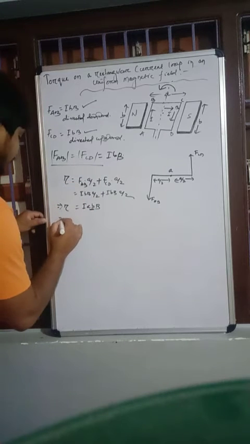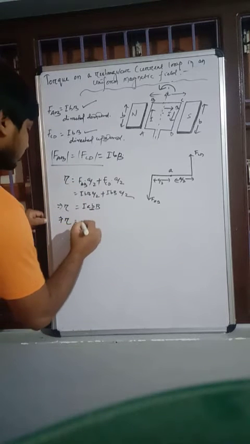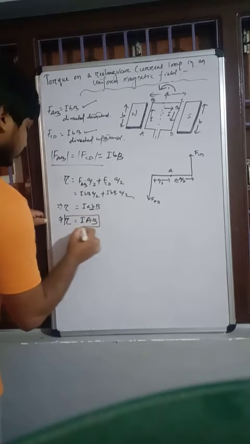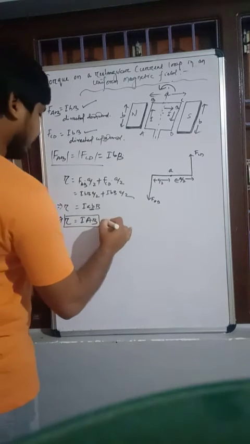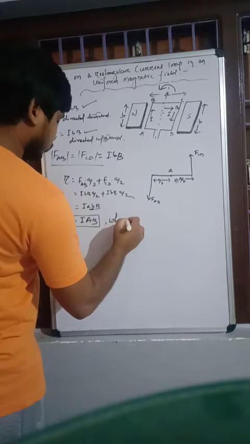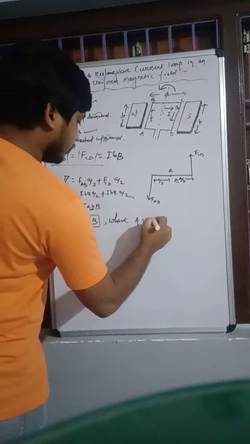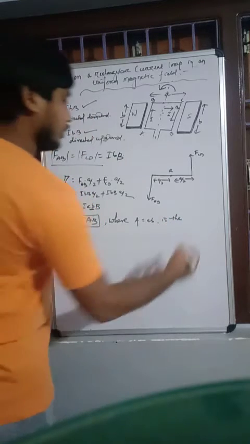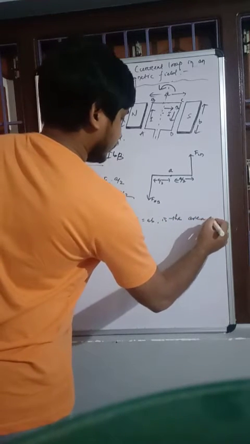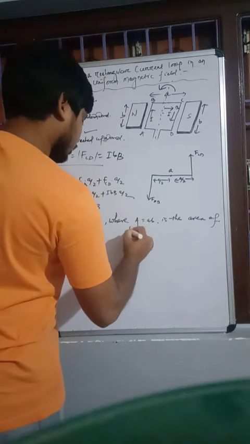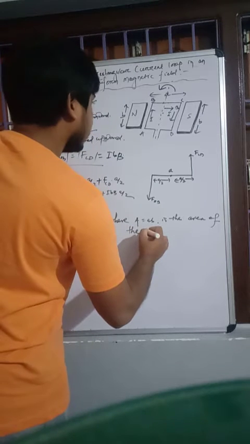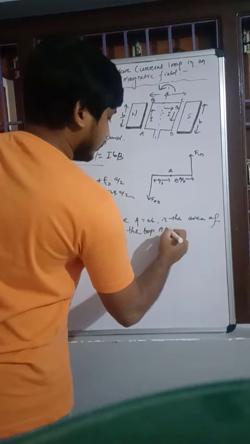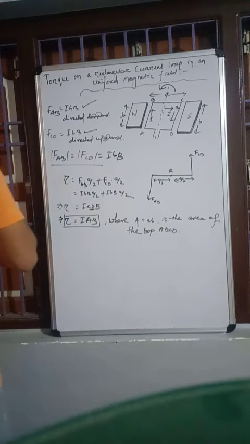So I can write this implies that my tau will be equal to IAB, where A equal to ab is the area of the loop ABCD.